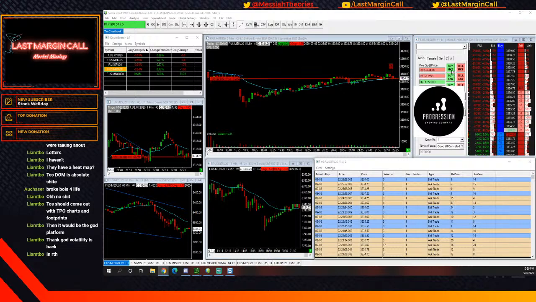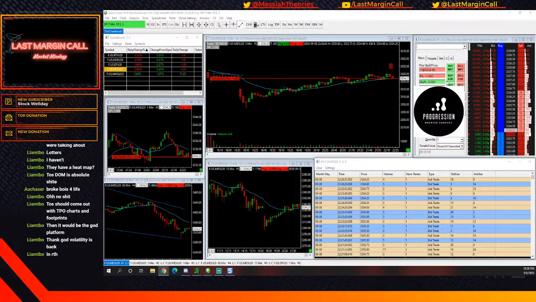I'm going to buy on the bid. Watch this. 38.1 seconds left in this trade. Should I market out of this? 25 seconds. 20 seconds. 19. 18. 15. 14.